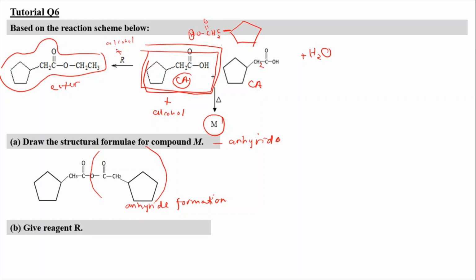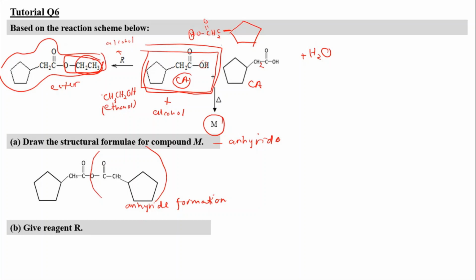What kind of alcohol is that? The clue is to look at here. It's going to be CH2 C double bond O, and then the OH is removed. So the structure here comes from this side. So the alcohol that you will be using is CH3 CH2 OH, which is ethanol.